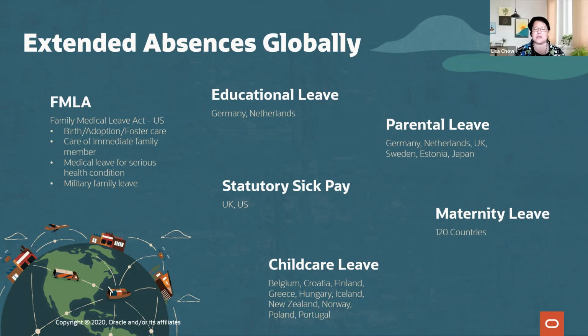Those are just some of the types. These are normally legislated leave where people are able to take leave, either paid or unpaid. It differs depending on the type of leave and the country. But it's to track that request and be able to put approvals in for those requests.